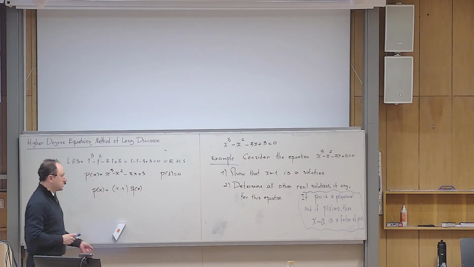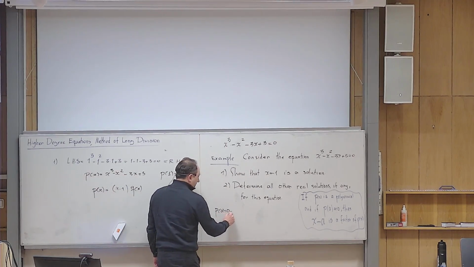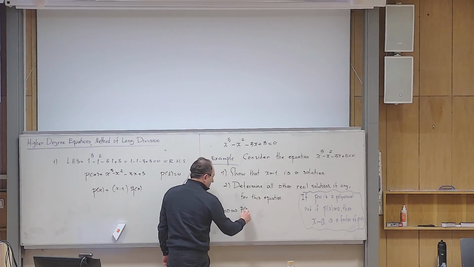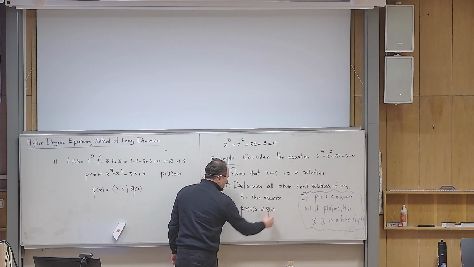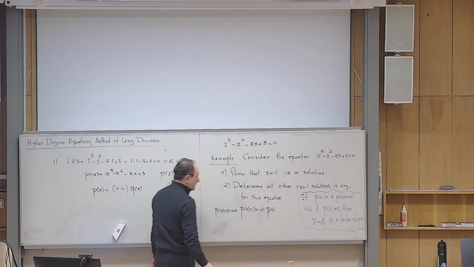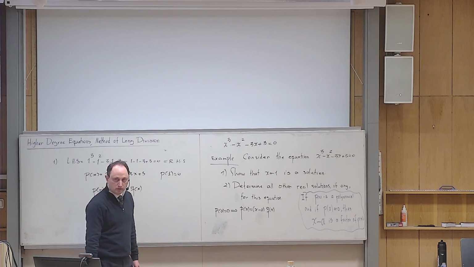That is my goal, I want you to understand. If p of a is 0, then p of x is equal to x minus a multiplied by q of x. If you ask me what q of x is, the only information I can give you is that it's also a polynomial.